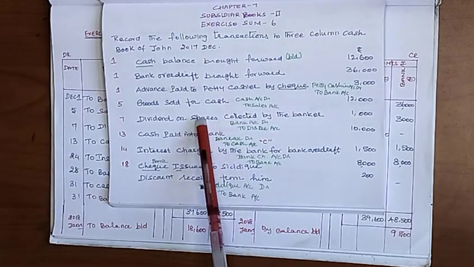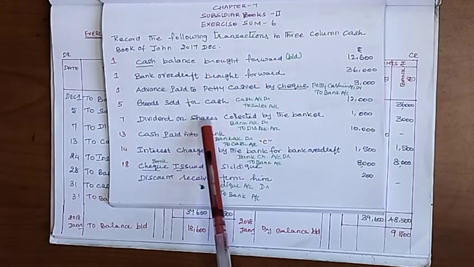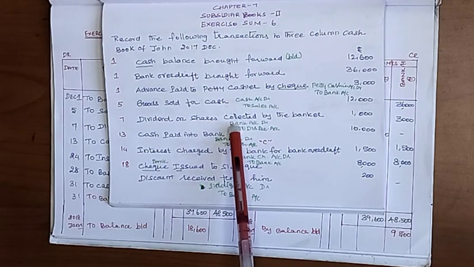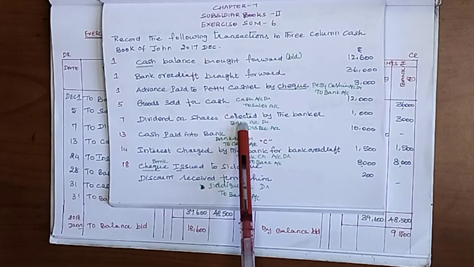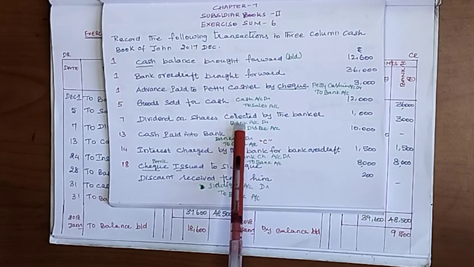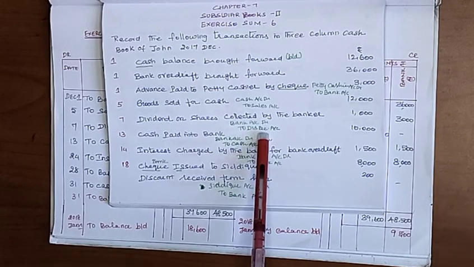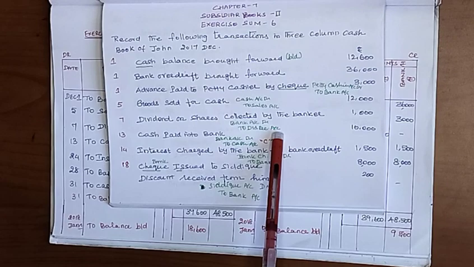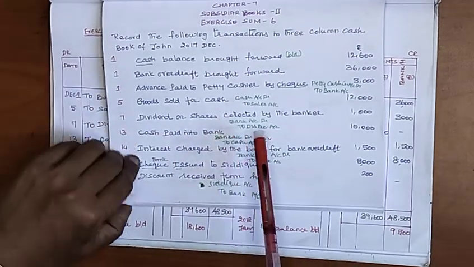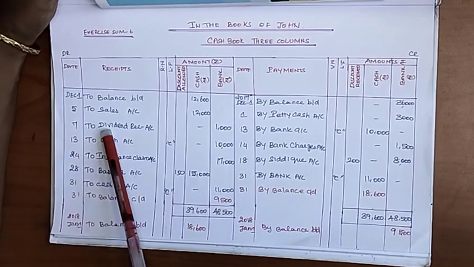So you go to the debit side, the debtor side, and enter 1,000 rupees in the bank column. What is the opposite account from the bank account? Dividend received account. So you have to enter dividend received account on the debtor side. Dated on 7, to dividend received account.